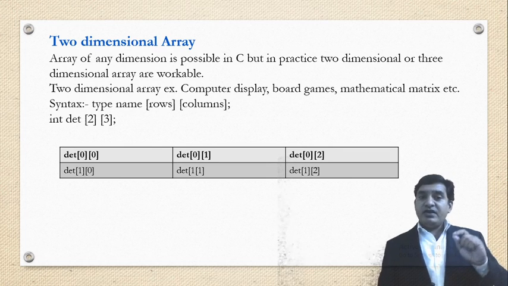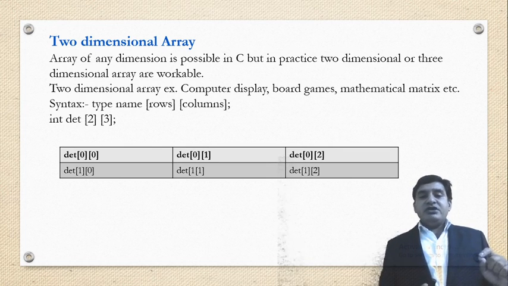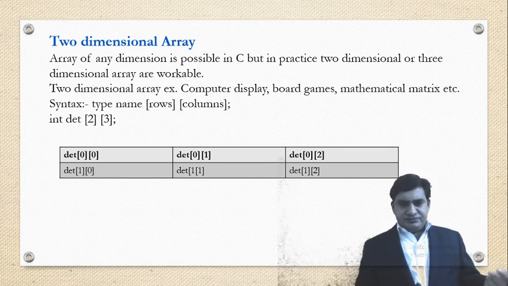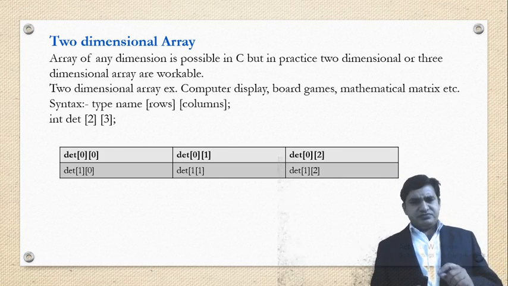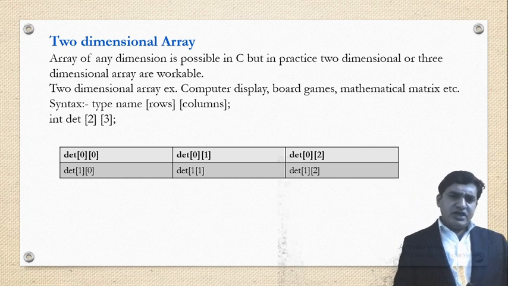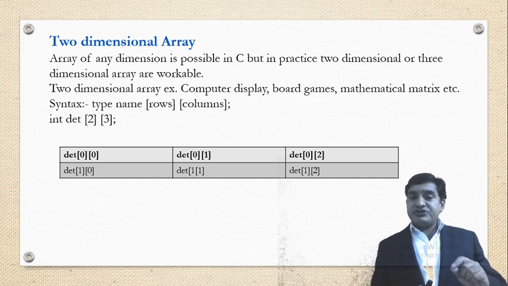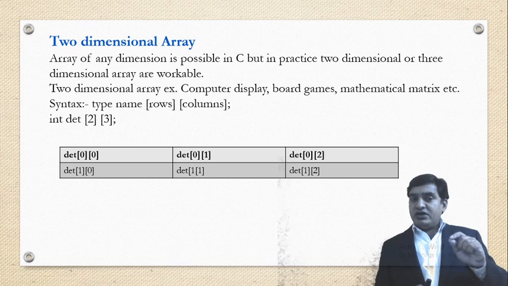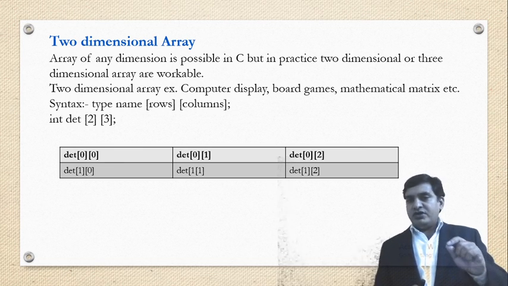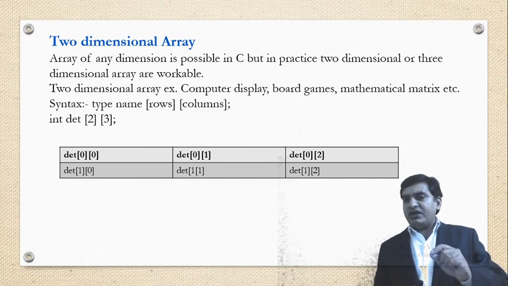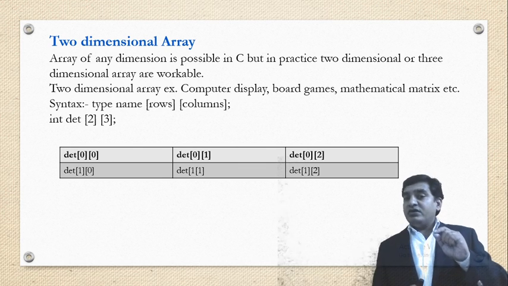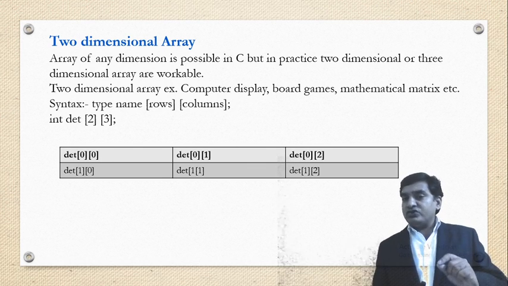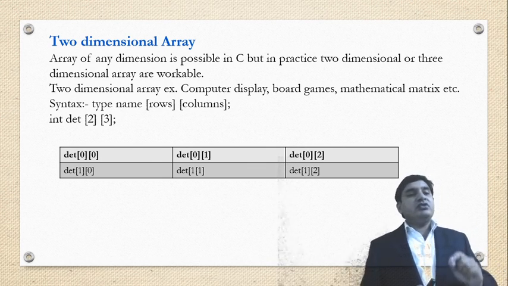Here det is actually not a determinant, it is the name of the variable. det 0 0 represents zeroth row, zeroth column. det 0 1, zeroth row, first column. det 0 2, zeroth row, second column.